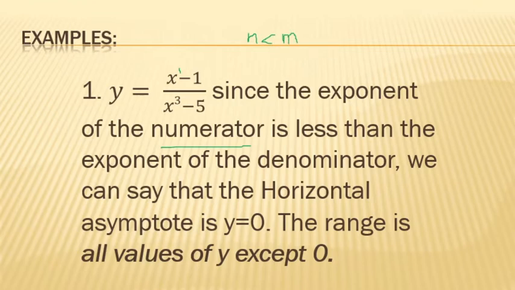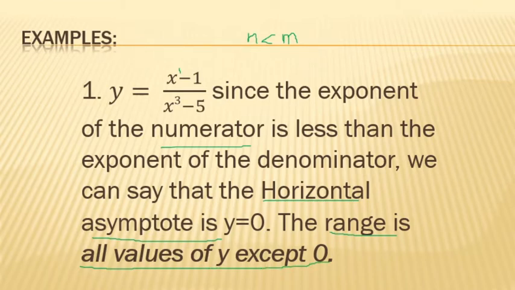Di ba pag n is less than m, ang ating horizontal asymptote will be equivalent to y equals 0. Therefore, our range, kagaya ng kanina, asymptote. Pag sinabing asymptote, ito yung value ng y na hindi dadaanan ng graph kapag horizontal asymptote. So, ang range natin is all values of y except 0.